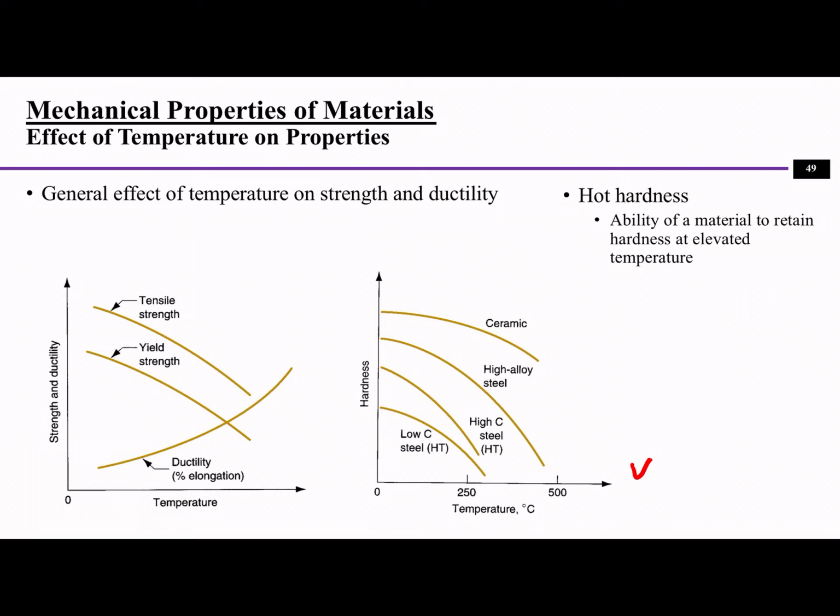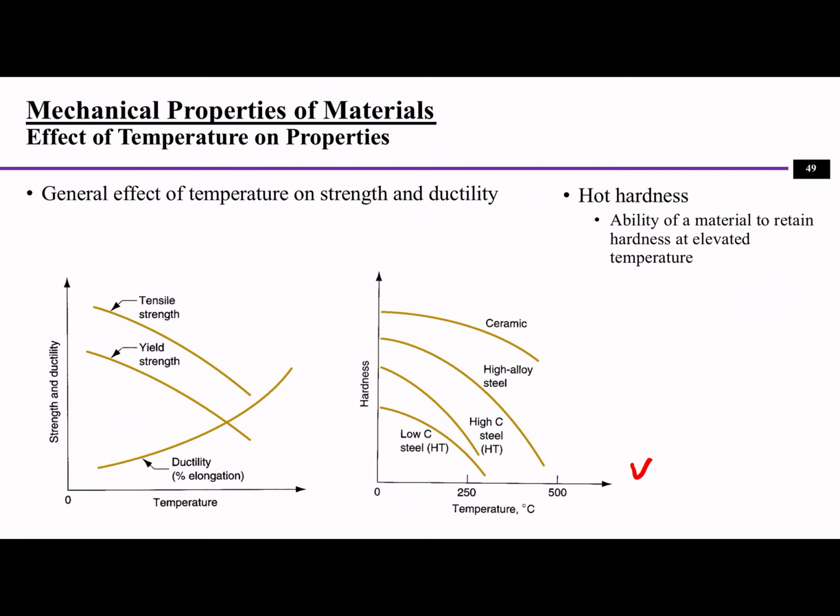You can see in this graph that different materials change differently. For hardness, ceramics decrease really slowly, but for some other materials, for example high carbon steel, it changes really fast.